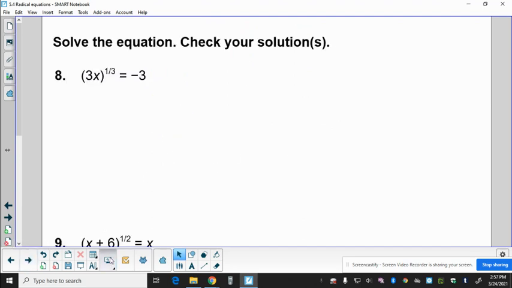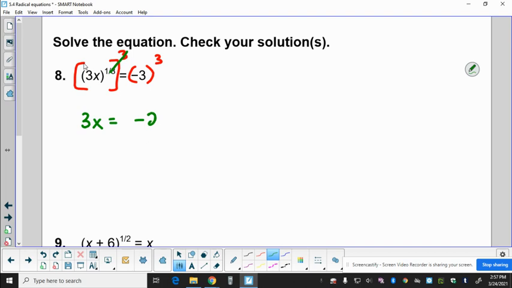All right, so let's try number 8. Okay, what would you do about this one? All right, so that fractional exponent, what I would do is I'd raise everything to the third power. So let's see what we get here. Those cancel.